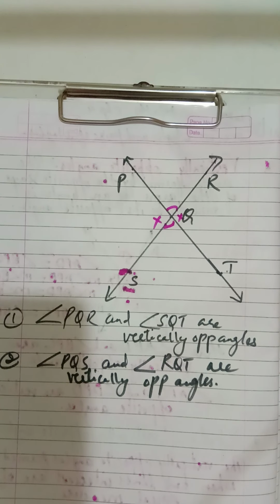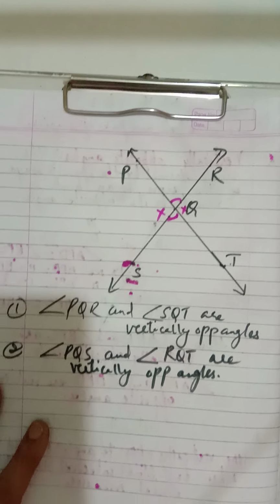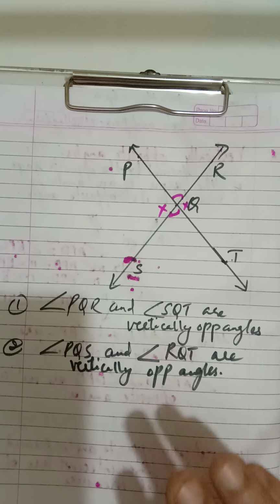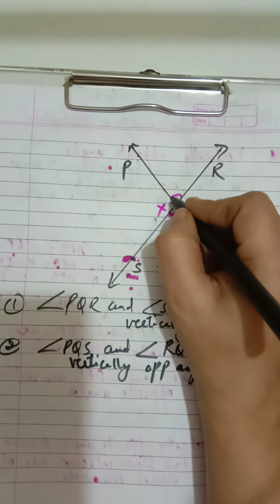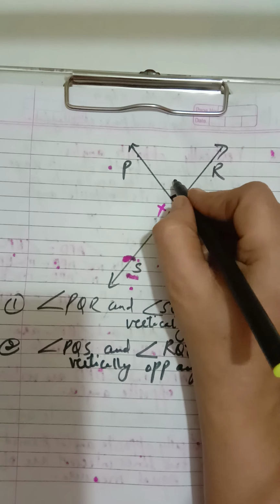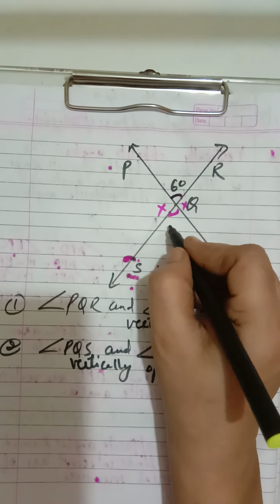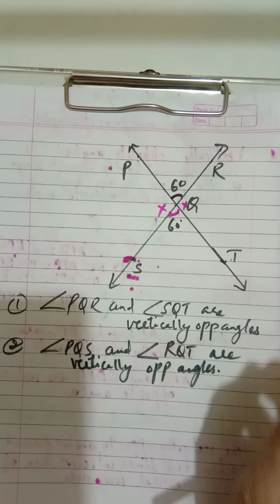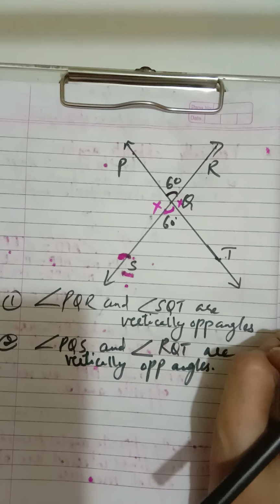Now as per the property of vertically opposite angles, children, vertically opposite angles are congruent, that means equal. Suppose this angle is, for example, 60 degrees, then this angle also will be 60 degrees, because vertically opposite angles are congruent. You will write this property in the bracket.